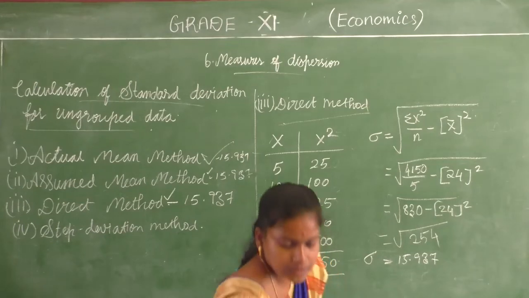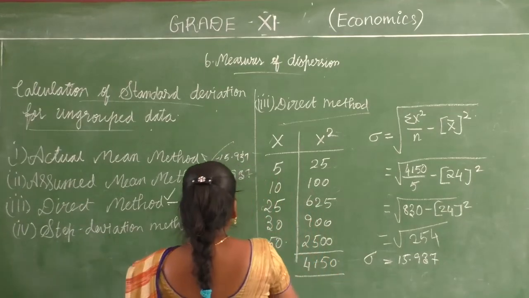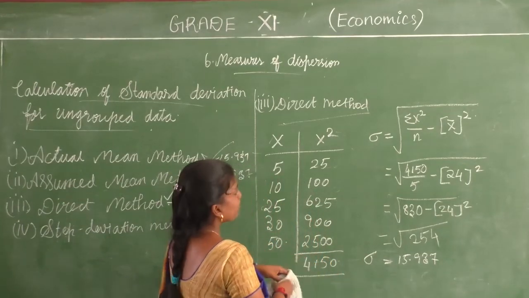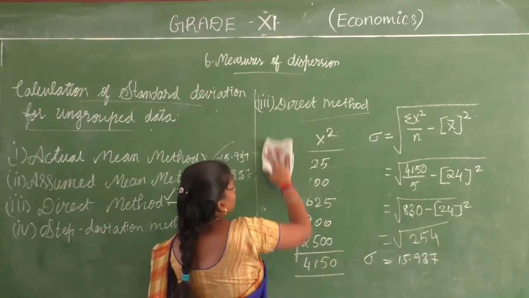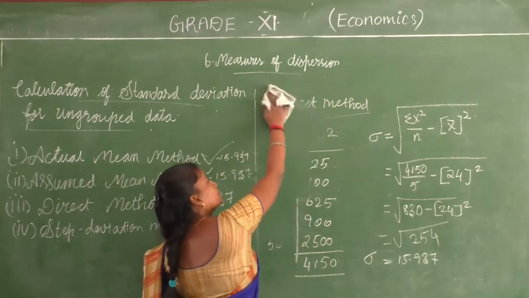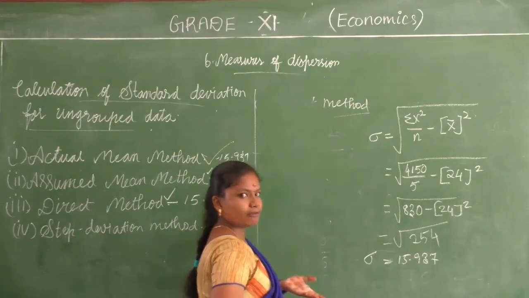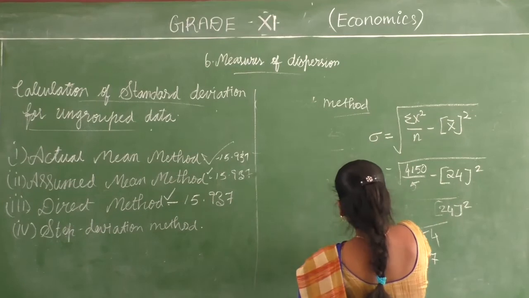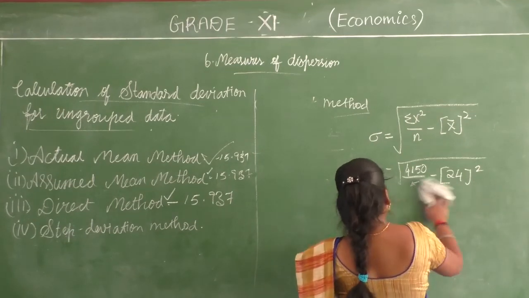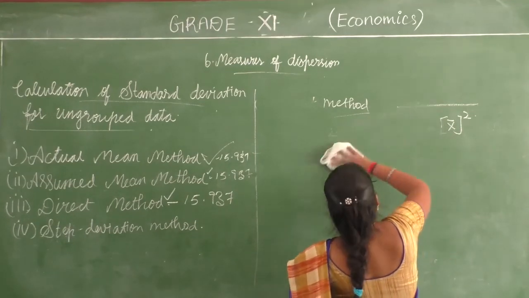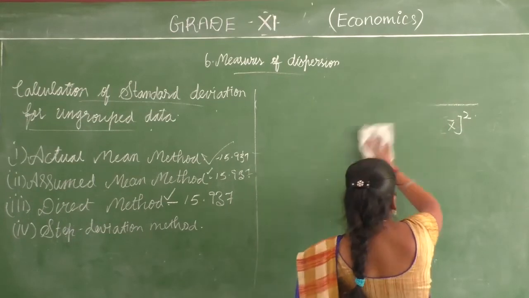The step deviation method. Do you remember how we did it in the arithmetic mean calculation? Yeah, we divided the d value by what? A common factor, right? D is equal to x minus a by c. That was your d dash, right?